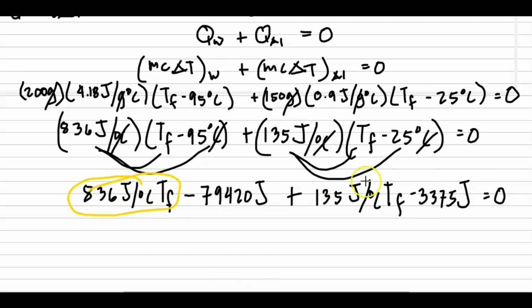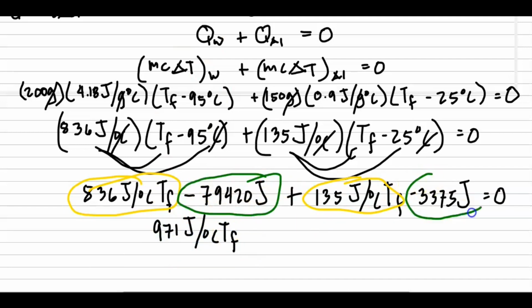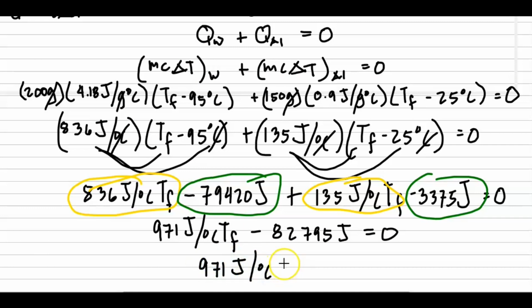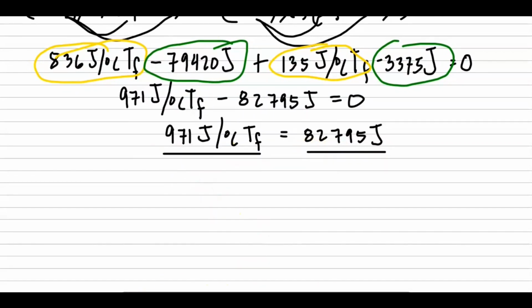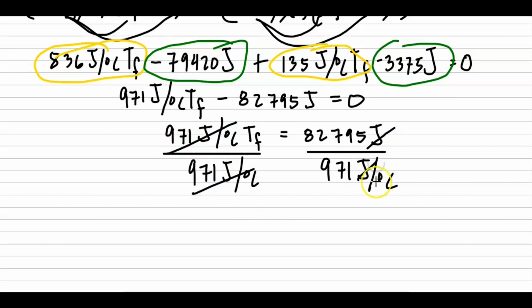Next step is to combine all the like terms. And finally, we can solve now for our TF. The final temperature is equal to 85.27 degrees Celsius.